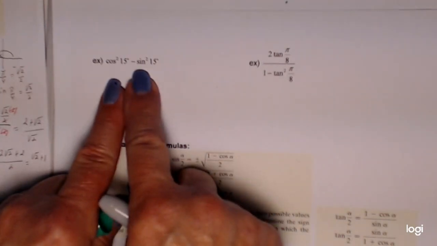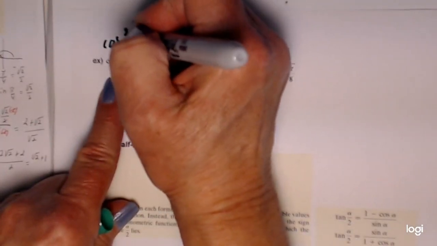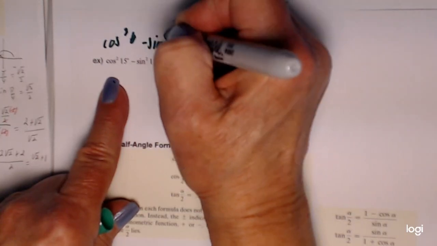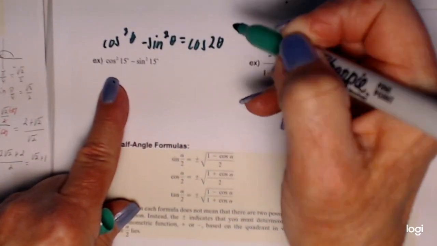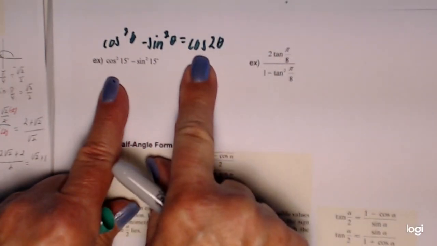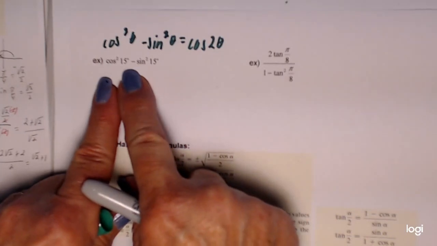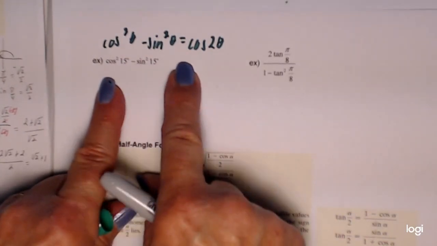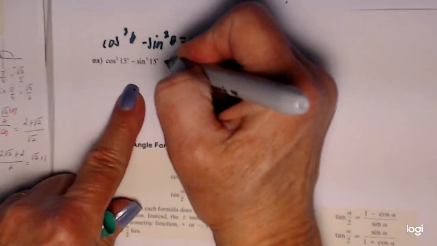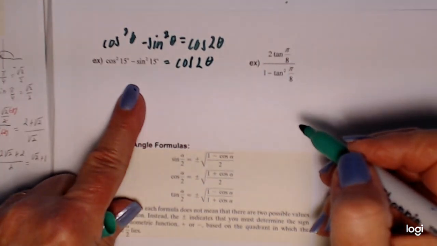So looking at this, this looks like the formula for cosine squared of an angle minus sine squared of an angle. This is equal to the cosine of 2 times an angle. So here, this would be cosine squared minus sine squared. This would be equal to the cosine of 2 times an angle.